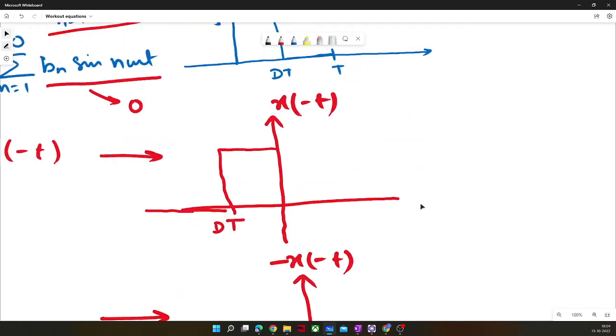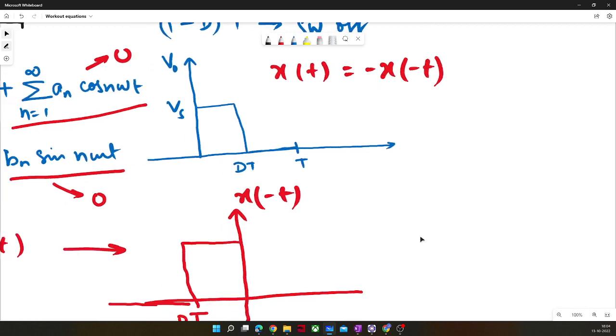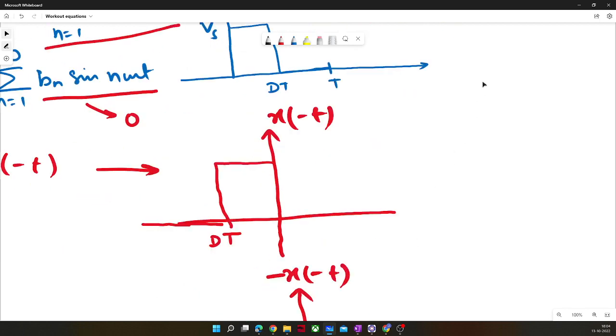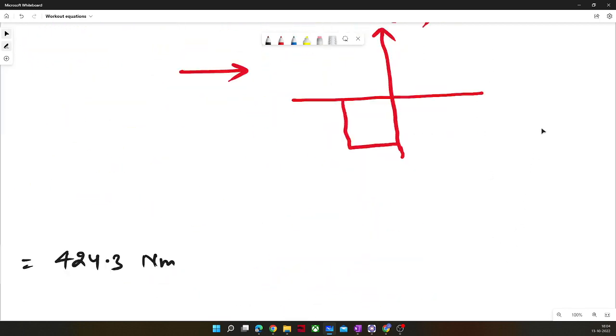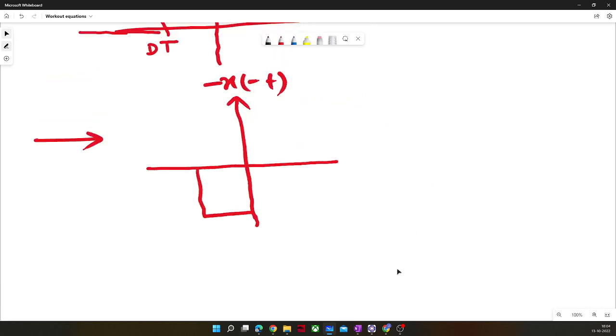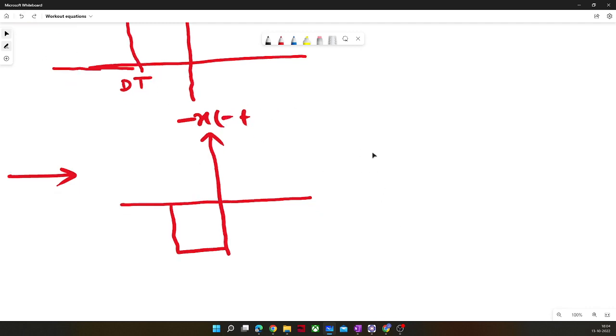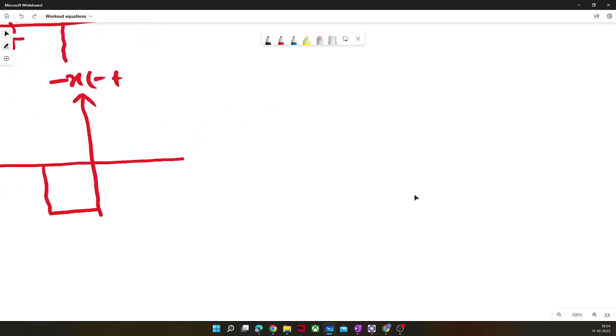But we can make it an even function, right? If you want, you can shift it by some portion and make it an even function. So I will do that, and I will generalize every waveform with an even function.